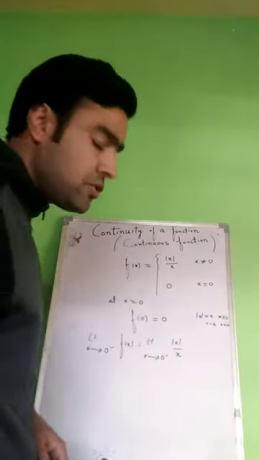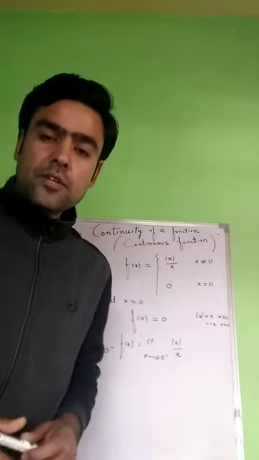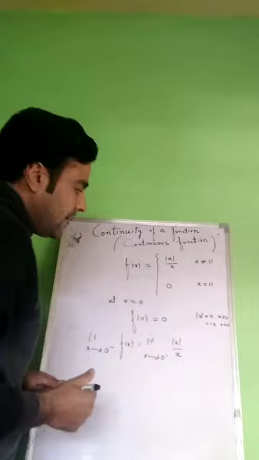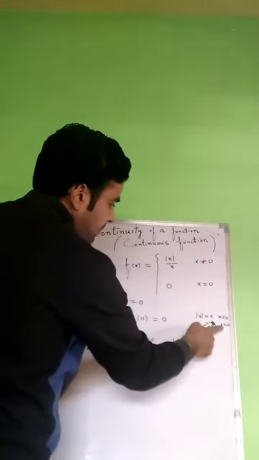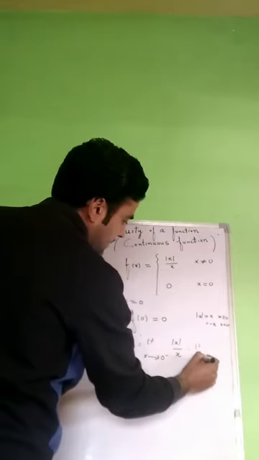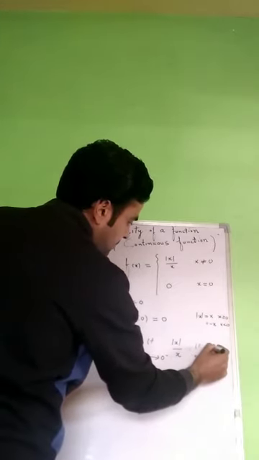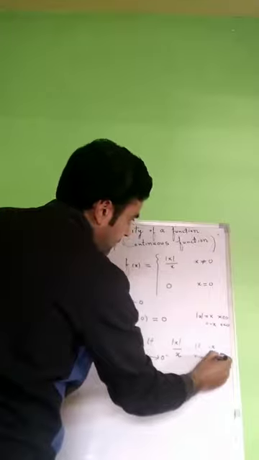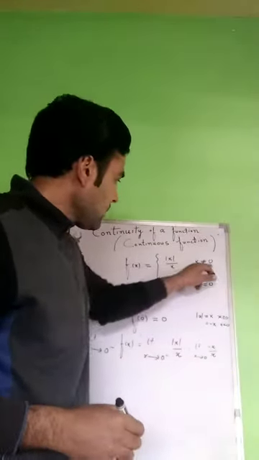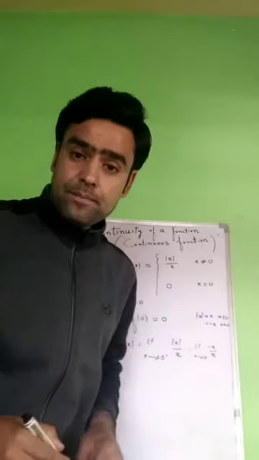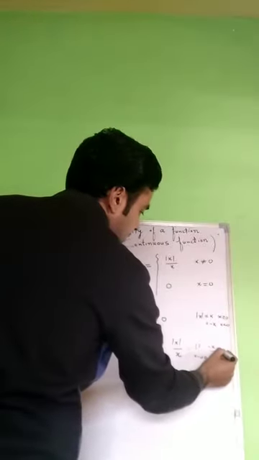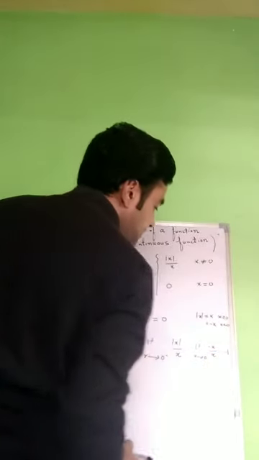Since we are approaching 0 from left, that is through those values which are less than 0, mod x is equal to minus x. So we can write limit x tends to 0, minus x divided by x, and x is not equal to 0, so x divided by x is 1, and it becomes minus 1.